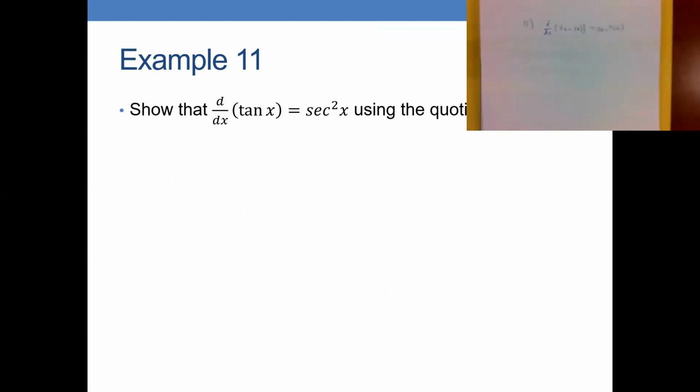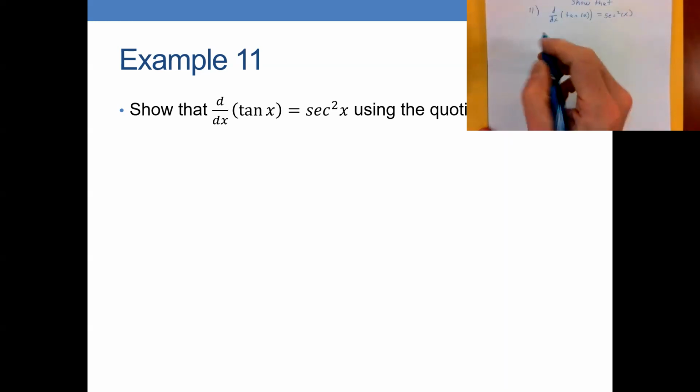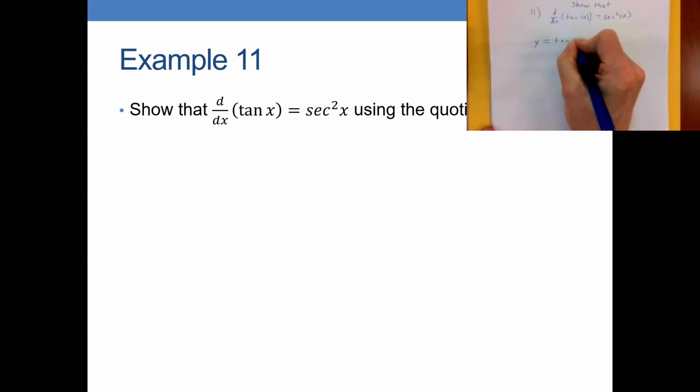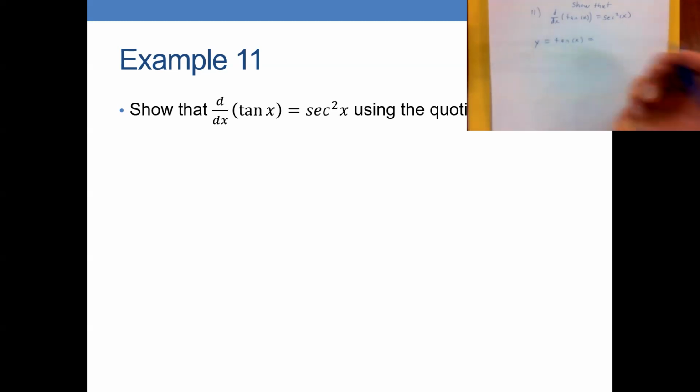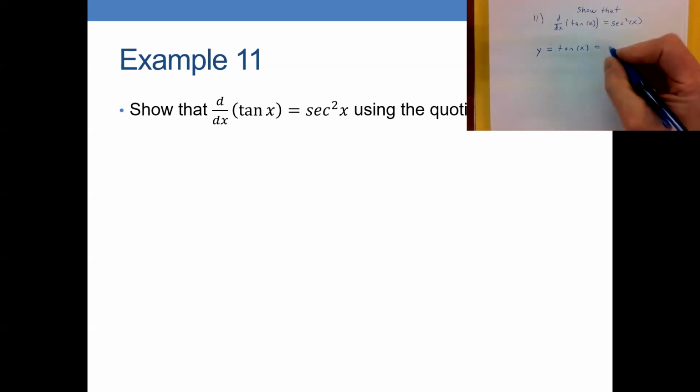But it's actually not that hard to prove this. Because what you can do is use your definition from high school, the basic trig definition of tangent, which is sine of x divided by cosine x.